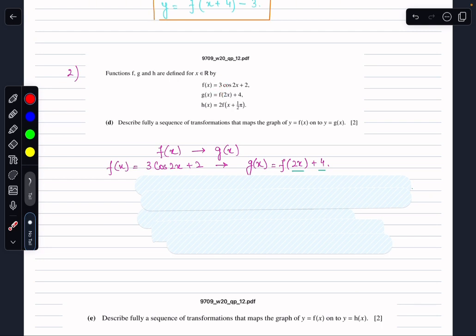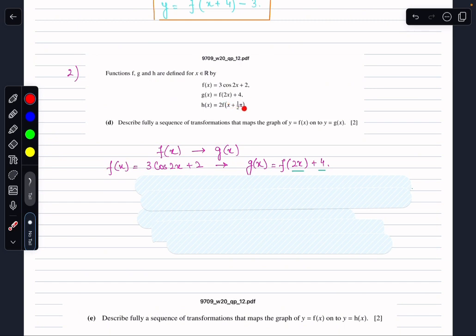This coefficient shows the stretch by the scale factor 3 in the y direction. If we look at the function g of x, there are two types of transformations. Number one, the constant +4, meaning it's getting translated positively in the y direction by 4 units. Then it's f of 2x, meaning function f is getting stretched in the x direction by scale factor 1 by 2. H of x is 2 f of x plus pi by 2.